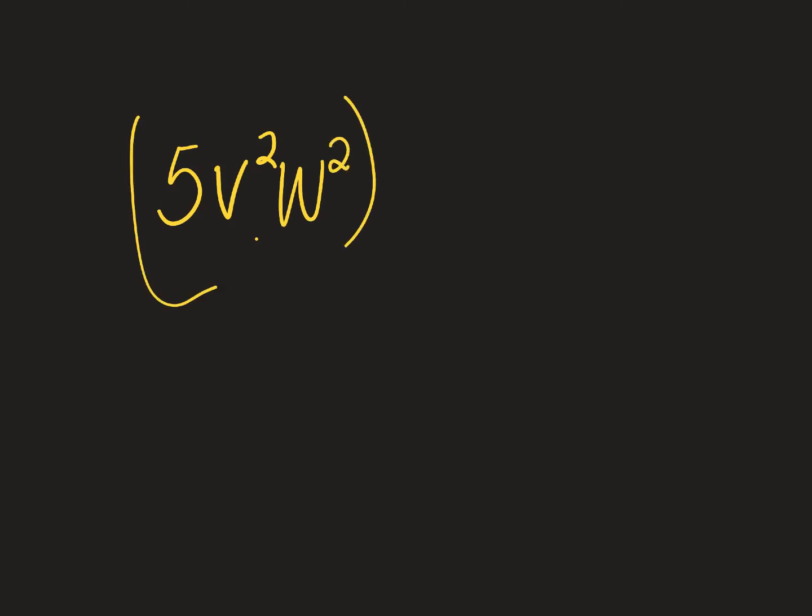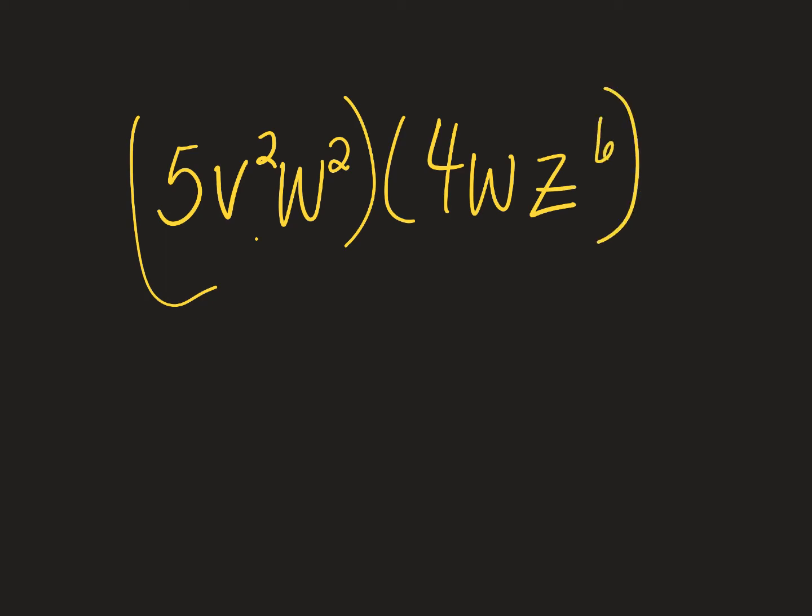All right, here we go. 5v squared w squared times 4wz to the sixth. Okay, make sure you match up your variables before you go to add those together. All right, give it a whirl.